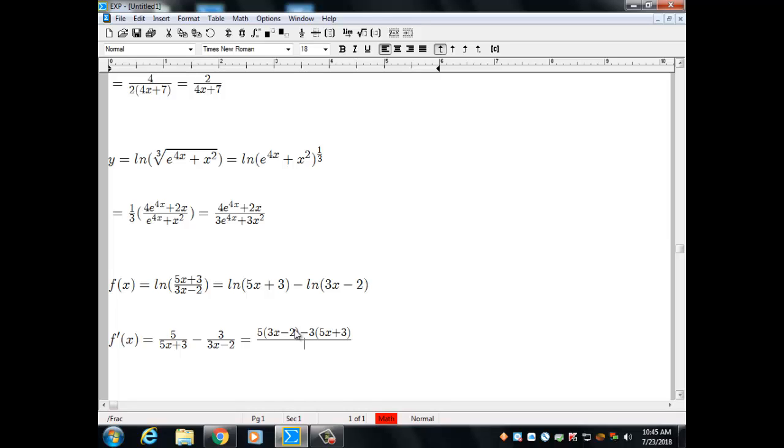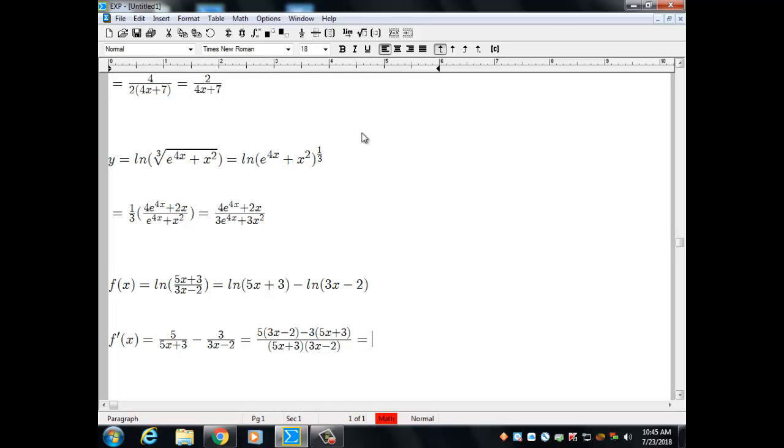And then you multiply over, and you get (5x plus 3)(3x minus 2). That's kind of the way I do it. You could also say find a common denominator. I mean, there's any number of ways to skin that cat.